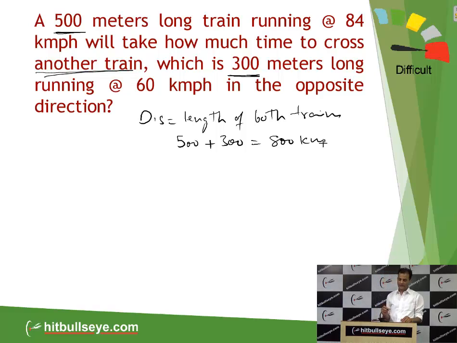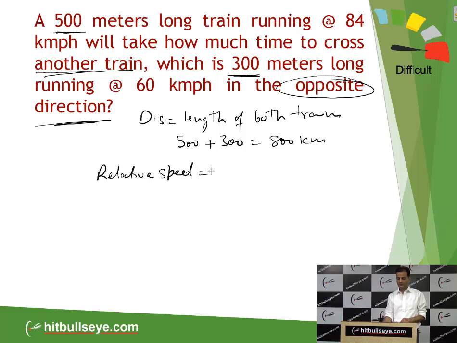And now they are moving in the opposite direction. So when two bodies are moving in opposite directions, what will we do? For relative speed we will add their speeds. So the relative speed is equal to 84 plus 60, which will be 144 kilometers per hour.